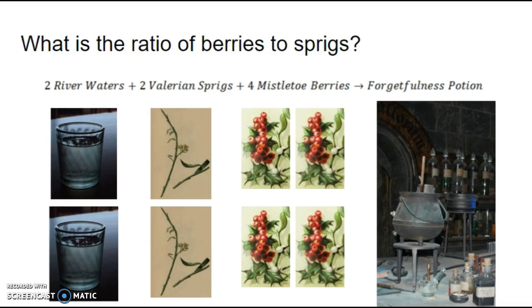What is the ratio of berries to sprigs? So if we take a look, we see that the ingredient list calls for 4 mistletoe berries and 2 valerian sprigs. So I'll give you a moment to write down the ratio of berries to sprigs. If you do remember, a ratio is a way of comparing 2 quantities.